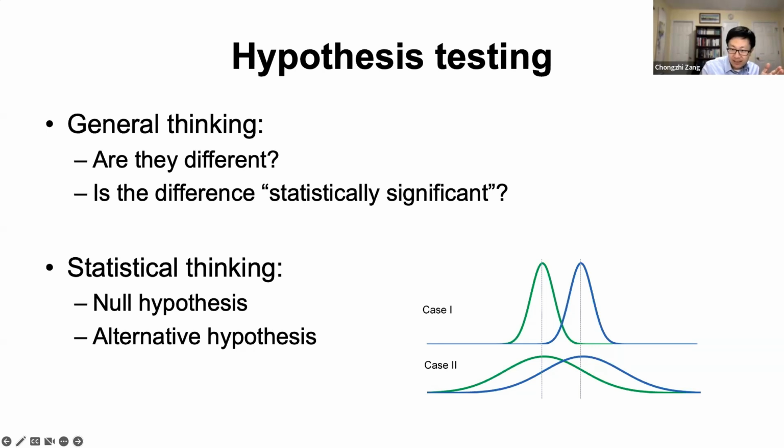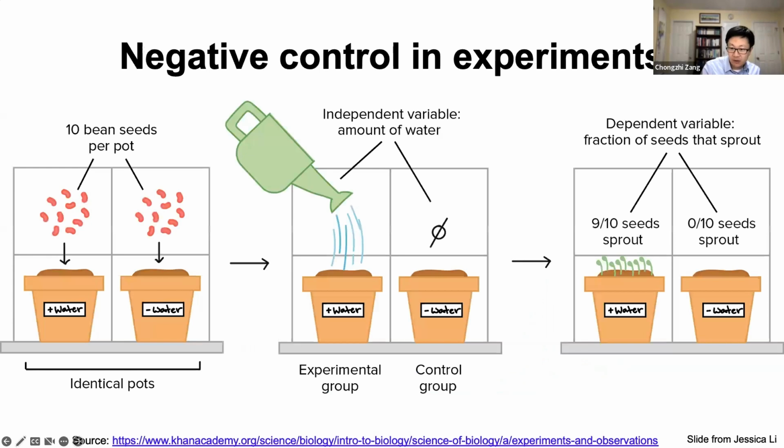The null hypothesis can be understood as the negative control that we all know in biology experiments or any kind of experiments. So if we want to compare the effect of adding water to grow some plant, we always need to keep a negative control group when designing this experiment, right?